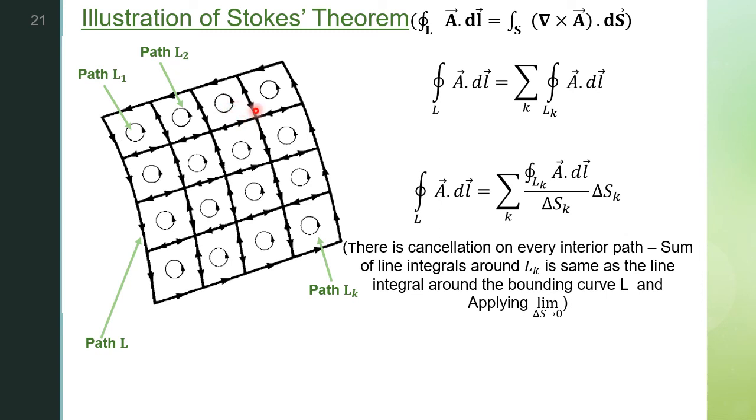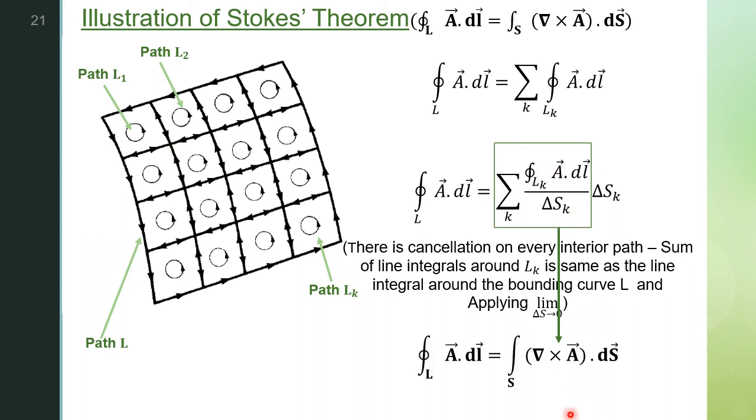Therefore, the sum of the line integrals over Lk will be the same as taking the circulation around the closed path L. Therefore, this term reduces to what is called the curl, which is del cross A. It is because when we take the integral over Lk and sum it over the entire path, the only thing which remains is the outer loop.